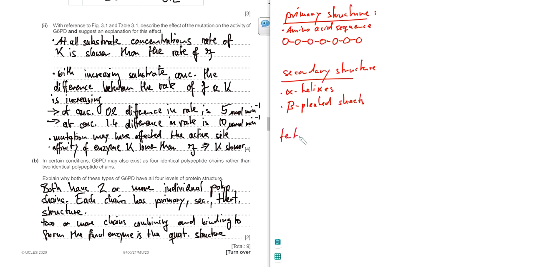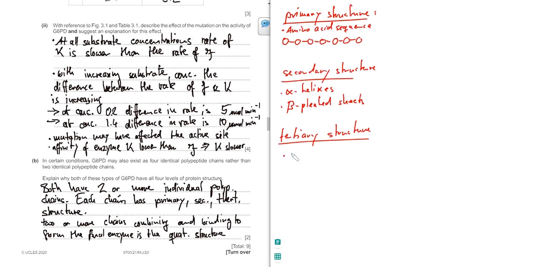The tertiary structure are specific bonds that can form between amino acids that are not neighboring and far away from each other, by looping and bending the amino acid chain and bringing two amino acids from different positions close to each other, and these two amino acids may then form an interaction.